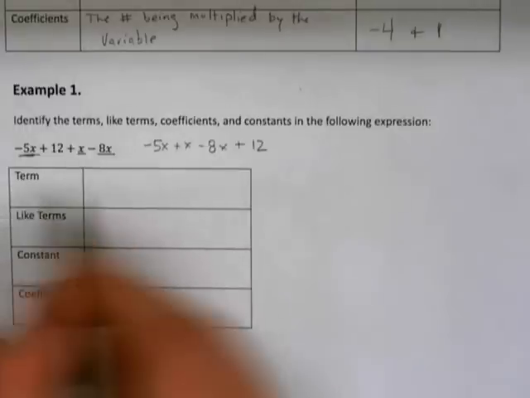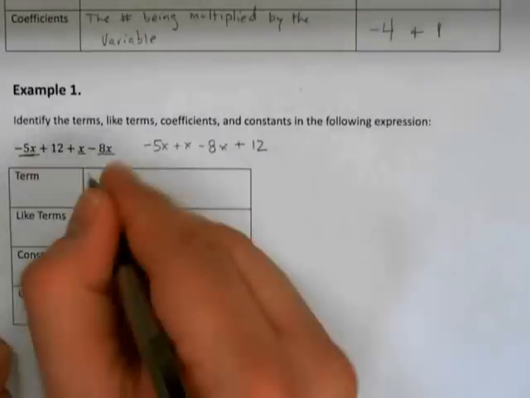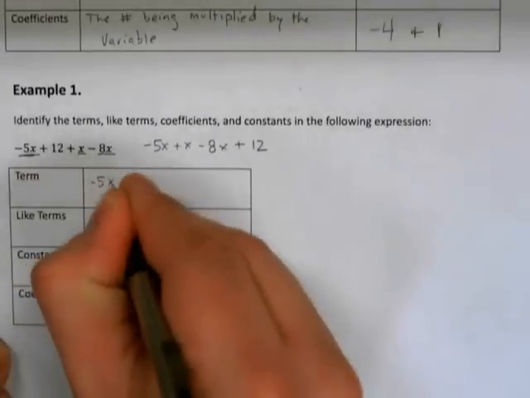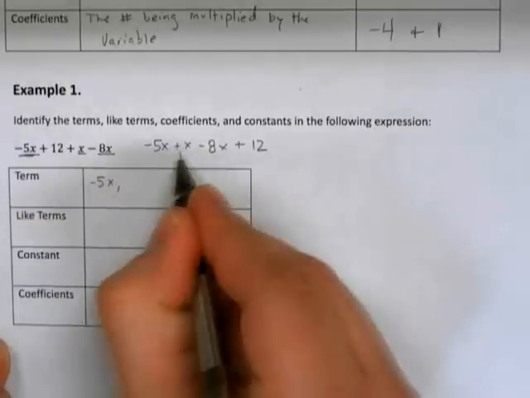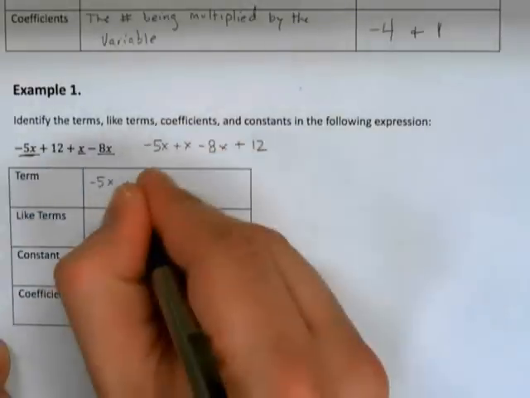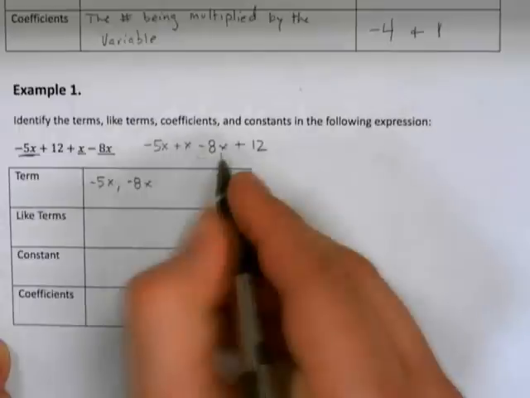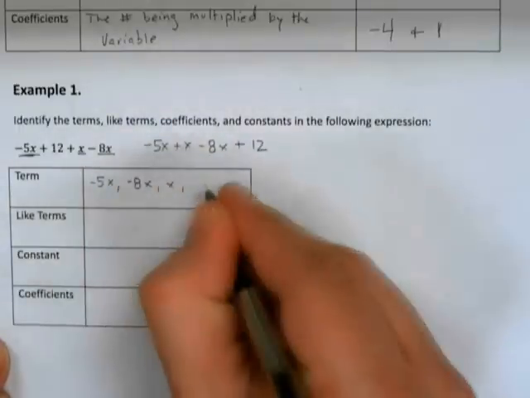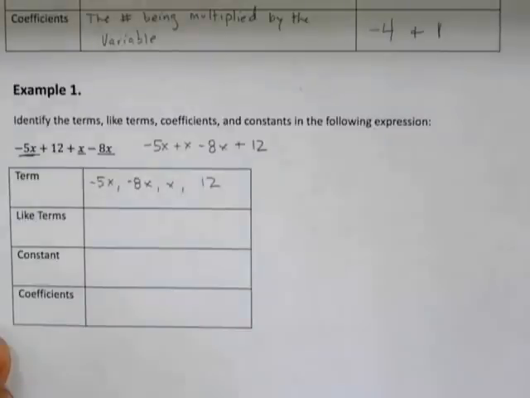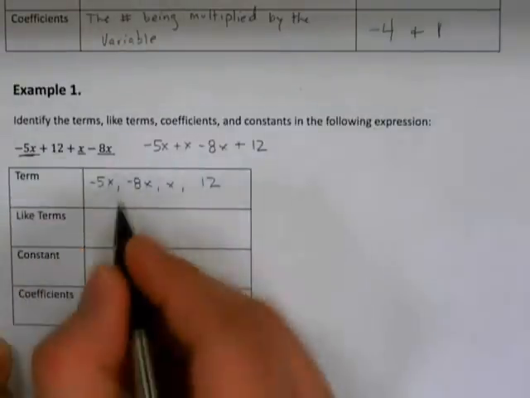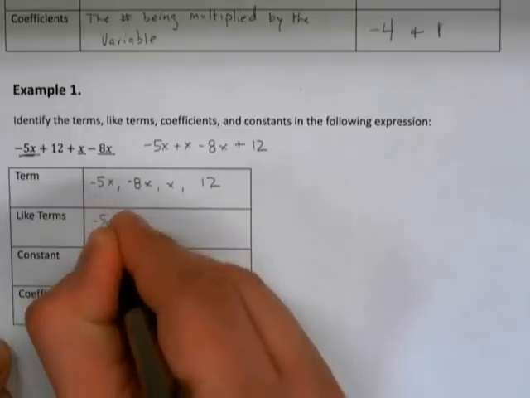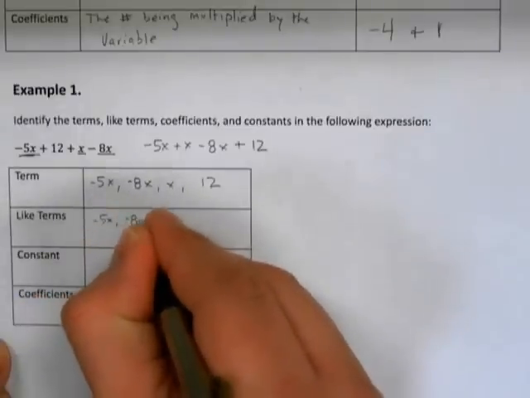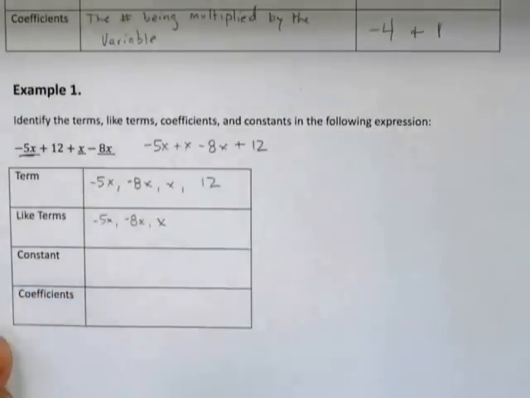The terms in this expression are negative 5x, x, negative 8x, and 12. Those are our 4 terms. The like terms are negative 5x, negative 8x, and x. 12 does not have a like term in this.